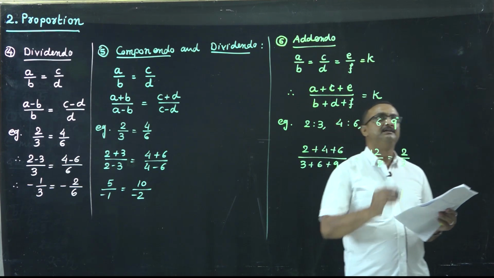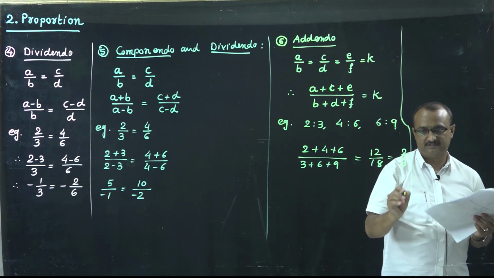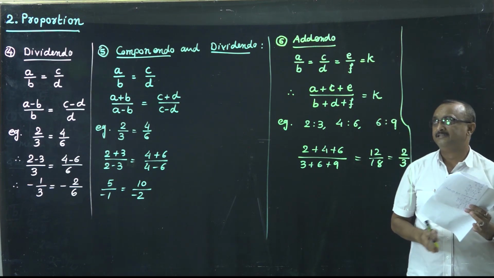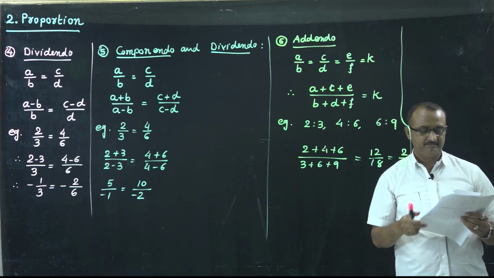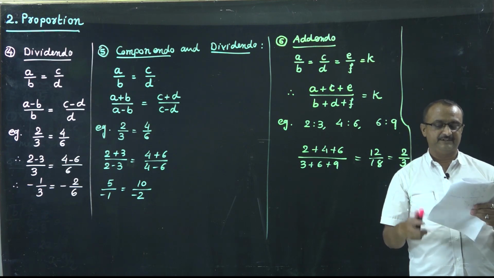Last point, it is not a property but the last point in the theory of this chapter, simplification of ratio.